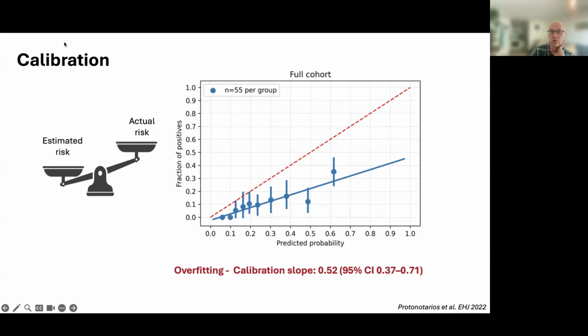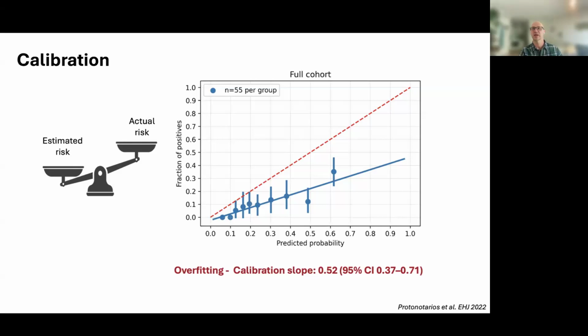So very important: ideally, all those blue points should lie on that red line. And here is a case where the predicted probability is to the right, so it's much higher than the observed probability, right?